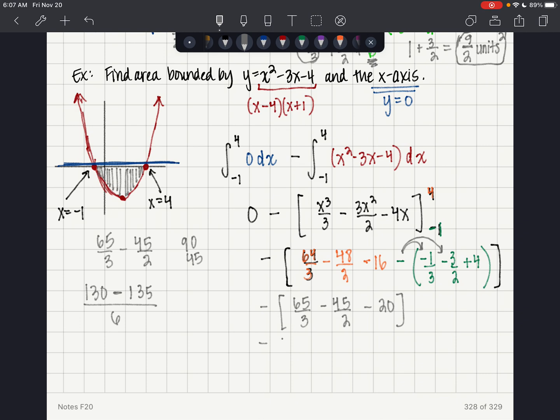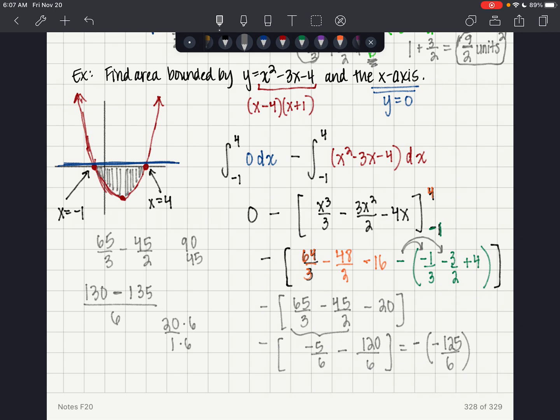So that's going to give me negative 5/6. So this results in negative 5/6. Minus, now 20 needs to be in sixths. So that's going to be 120 sixths. It's kind of hard to say, sixths. So we have the opposite of negative 125 sixths.